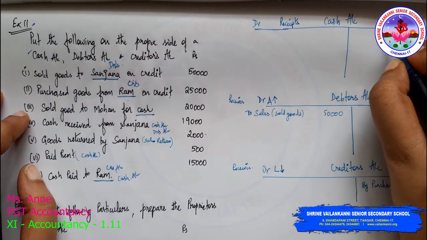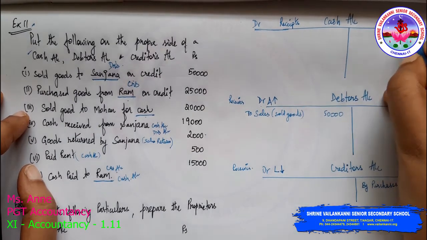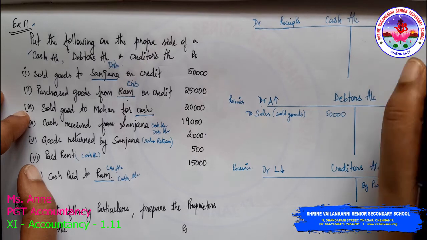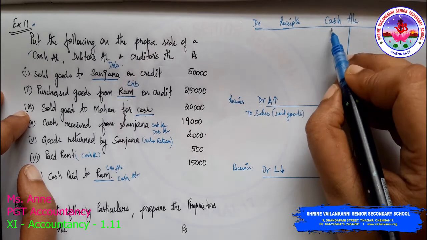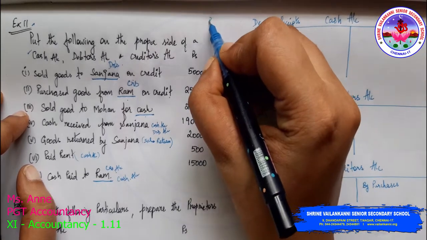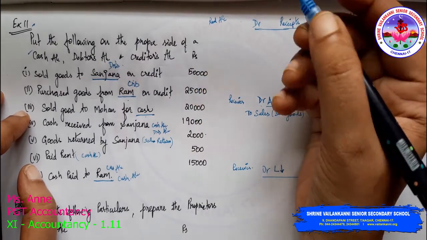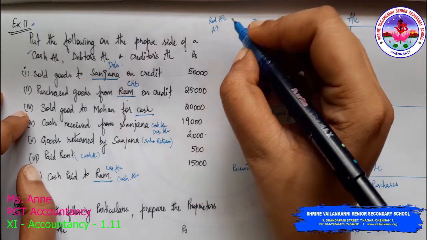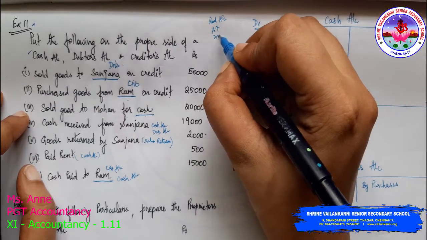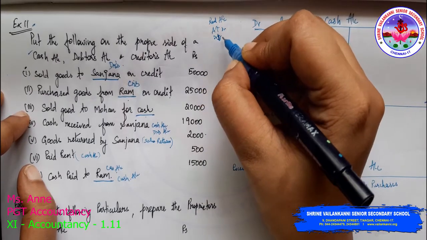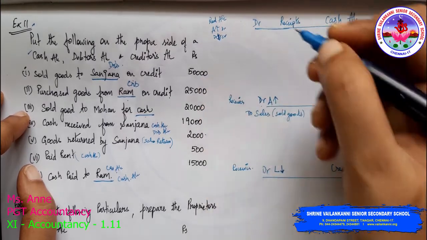If it is payments, you have to write it on the credit side. Always remember this rule. Cash is a real account. Okay, debit what comes in and credit what goes out. Cash is an asset. Asset increases, you debit. Asset decreases, you credit. Okay, these are the rules that you have to follow.